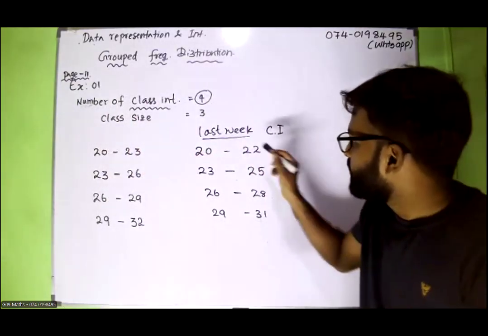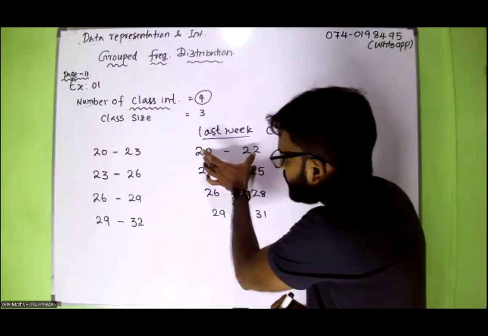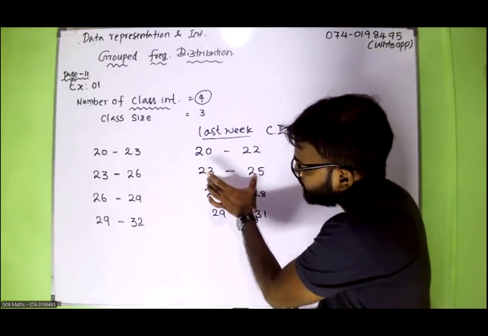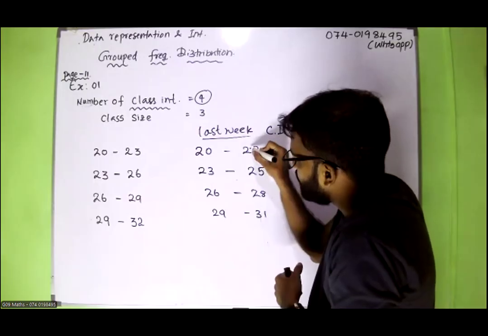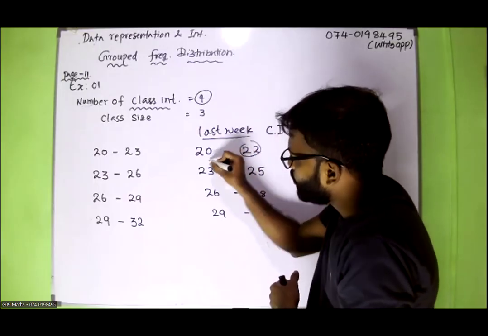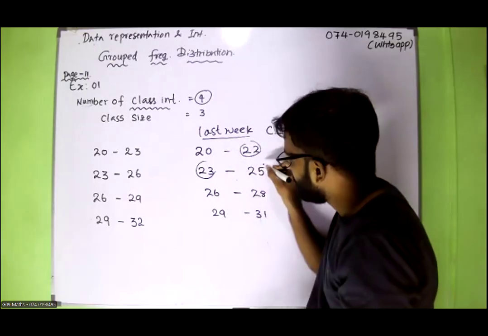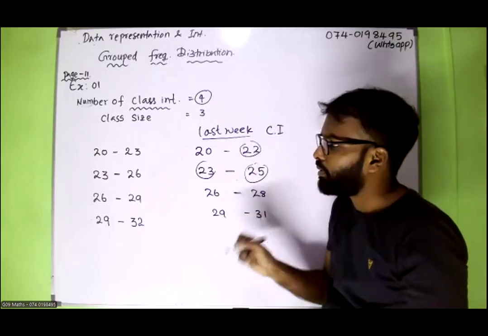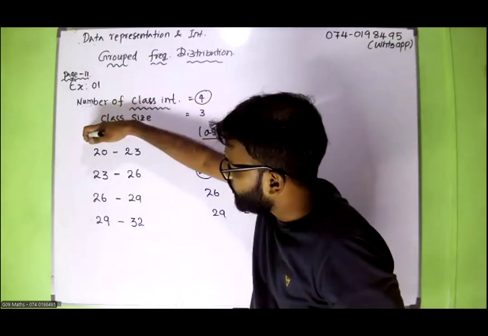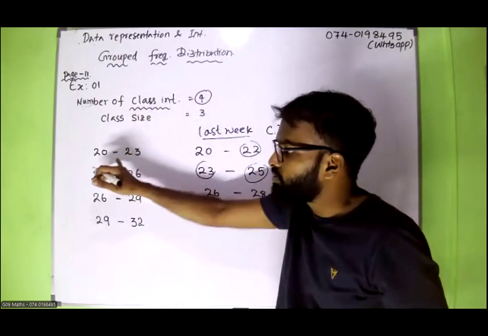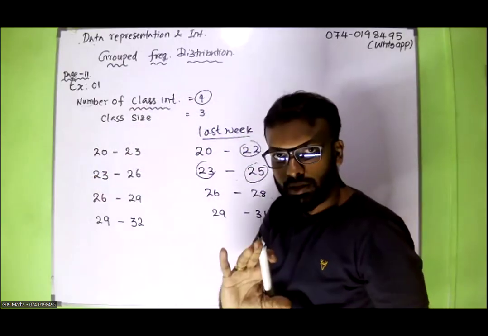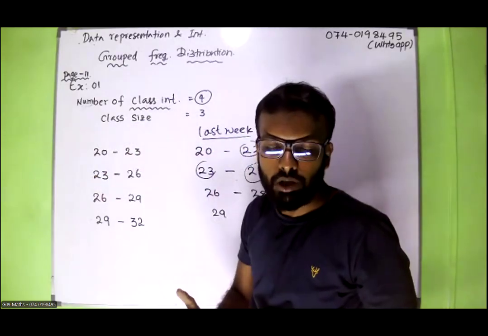We refer to these because there is a gap. 22 to 23, there is a gap. 25 to 26, there is a gap. But when you see this class interval, there is no gap. That is one of the important points.